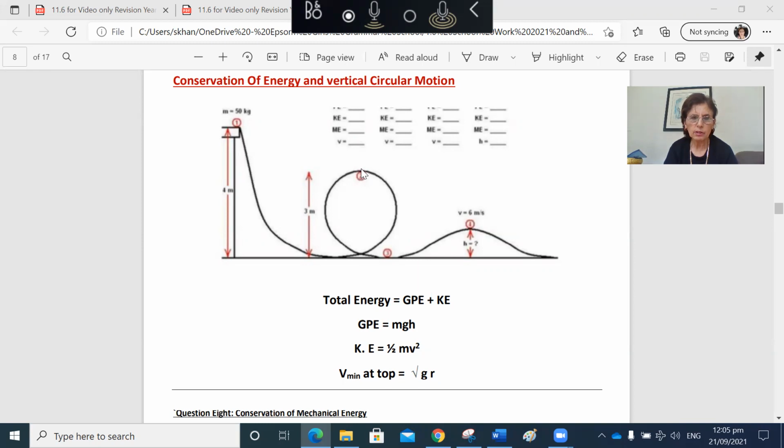So at this particular position at minimum speed, total energy will be gravitational energy plus kinetic energy, and this energy must be equal to the gravitational potential energy over here. By equating these two, we can calculate the minimum height from where the ball should be released so that it is able to maintain this vertical loop.